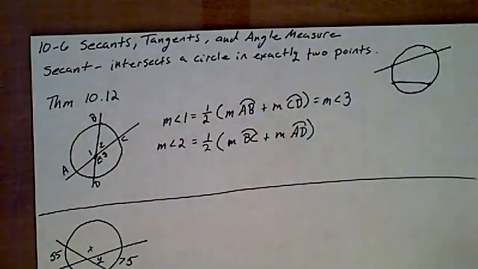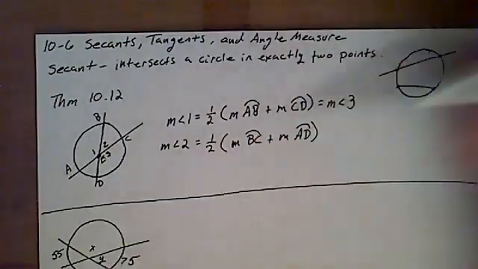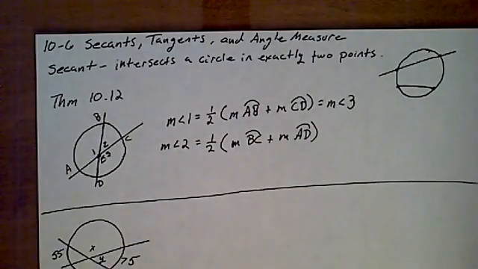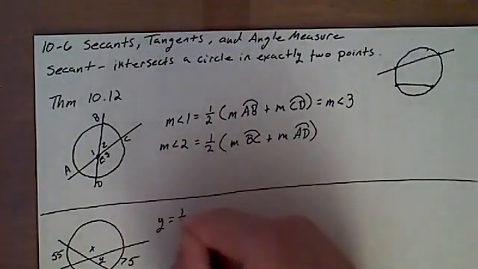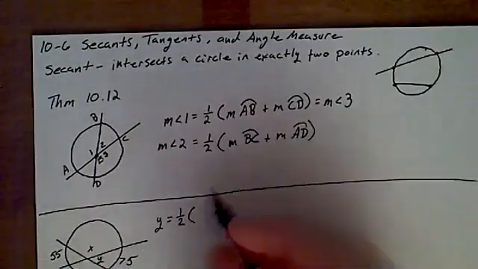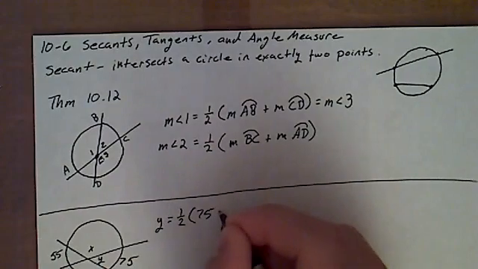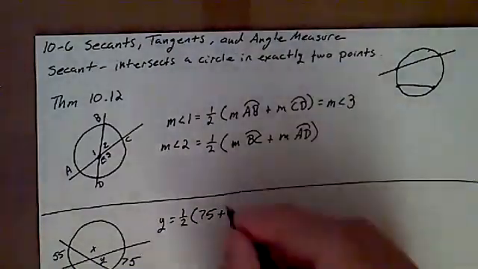All right, so if we had this diagram, we might find angle Y first. Angle Y is 1/2 the sum of its intercepted arc, 75, plus the intercepted arc of its vertical angle, which is 55.